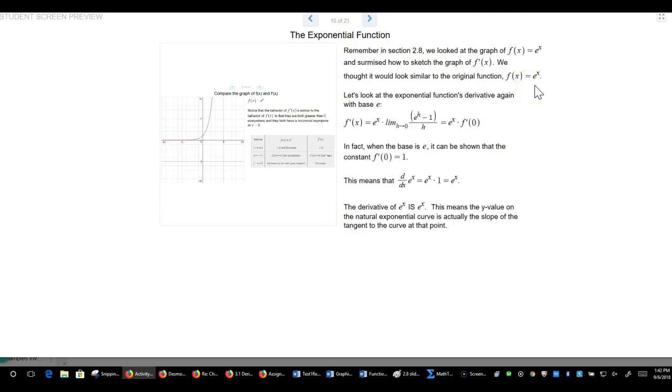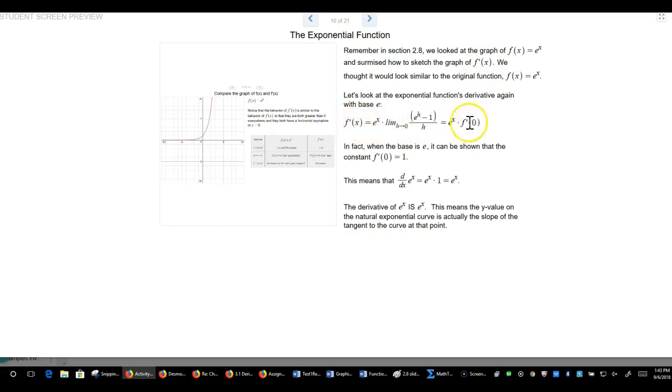So let's go back and look at when b is that constant e. Remember, in the last section we looked at the graph of f of x equals e to the x, and we kind of guessed or surmised, and then of course we verified it with Desmos, that the graph of the derivative of e to the x looked just like the original function e to the x.